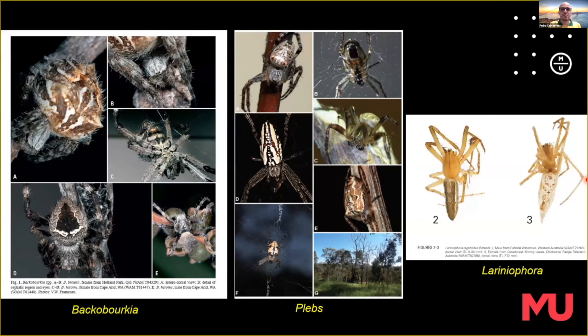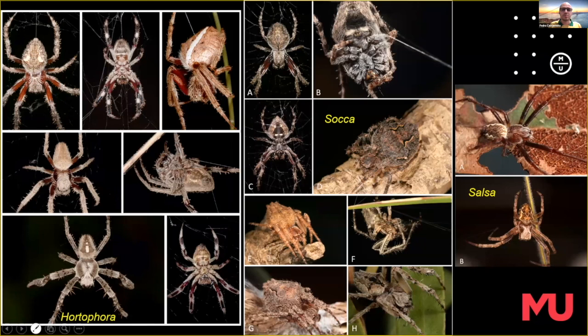Just to have a quick look at who the Backobourkiines are, these 3 are from the papers published before the beginning of this work: Backobourkia, Plebs, and Larinioides. Currently, we described Orthoptera and Socca, and we are sending for publication by the 31st of December the Salsa. They are conspicuous, large-bodied species and genera.